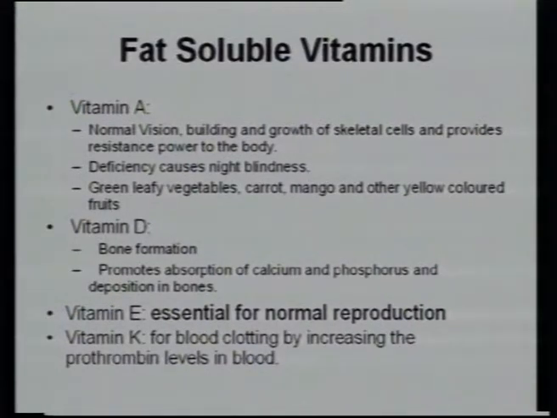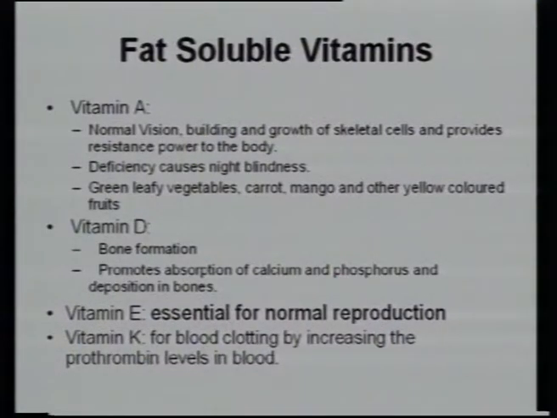They all contain vitamin A. Vitamin D is about bone formation, and it also promotes absorption of calcium and phosphorus. Rickets, as you know, is due to vitamin D deficiency. Now vitamin D is not present in our fruit and vegetables, so we have not mentioned it. We have only listed particularly in reference to fruit and vegetables.